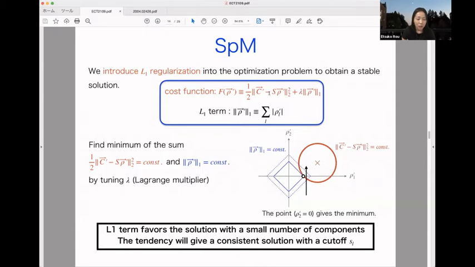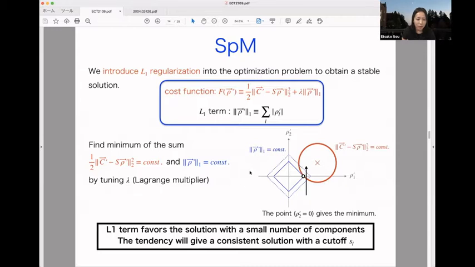We would like to find the rho prime that minimizes the sum of these two terms. As Shinaoka-san explained, with only the first term there are several candidates for rho prime in the rho prime plane. But if we add the L1 constraint, it picks up this open circle point where the L2 component is 0. So we can essentially drop the rho 2 component in our analysis.